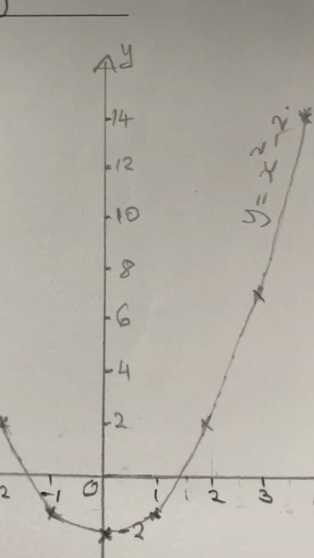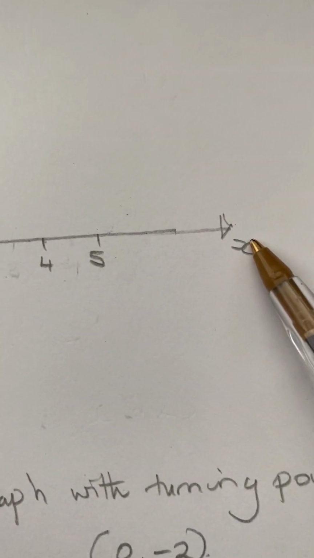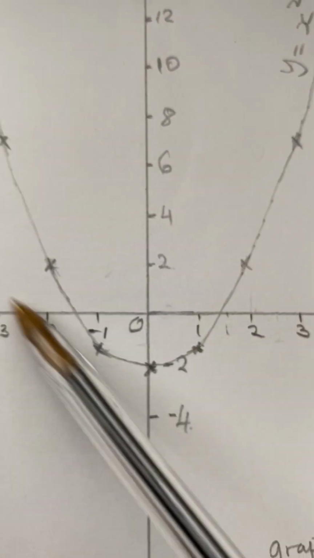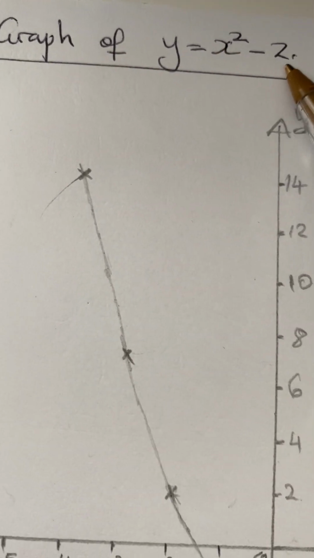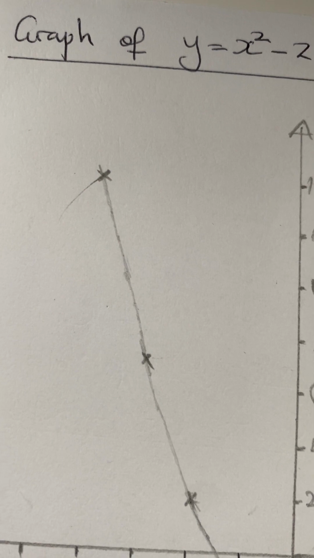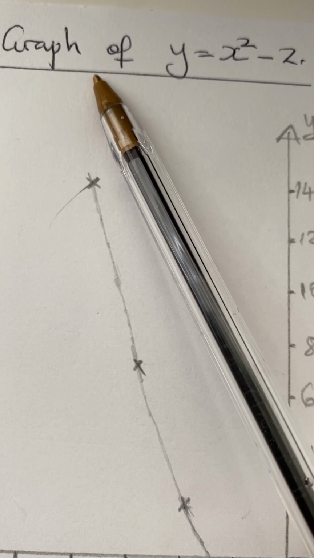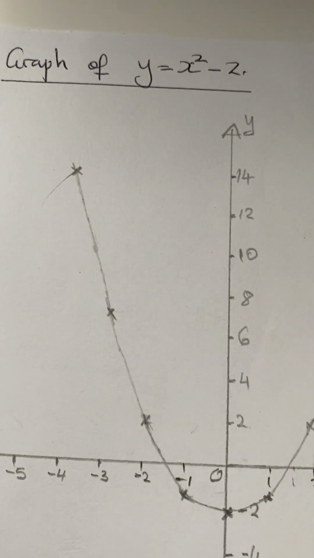I've labeled my y-axis and my x-axis, all in pencil. Because I'm not writing on graph paper, I have written my title in pen. But assuming I had to write on the graph, I'd write in pencil.